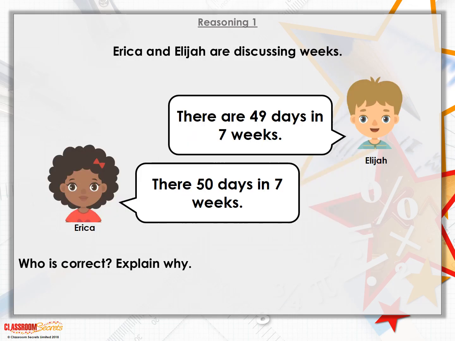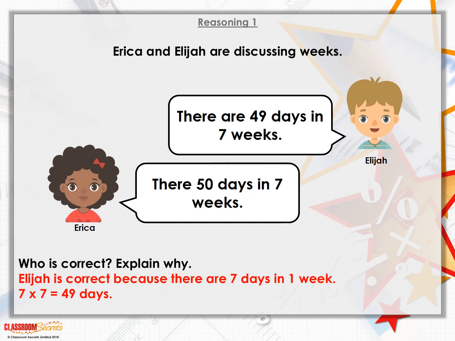Now here you've got a few reasoning questions, and I've put some reasoning questions in your challenges at the end. So pause the video here and have a little look, thinking about how many days are in a week. There are 7 days in 1 week. See if you can have a little go at that one for me, please. So for this one, you could say Elijah is correct.